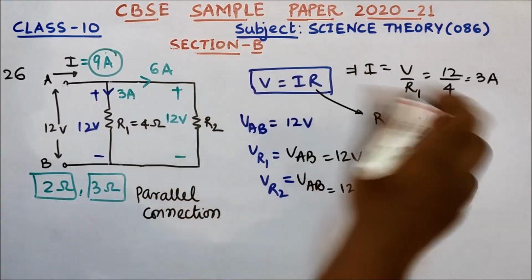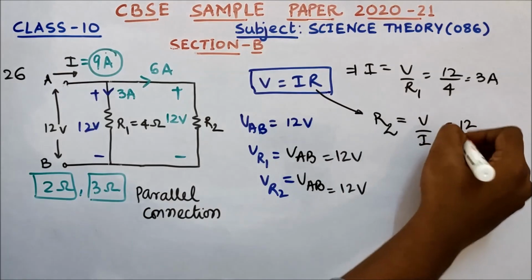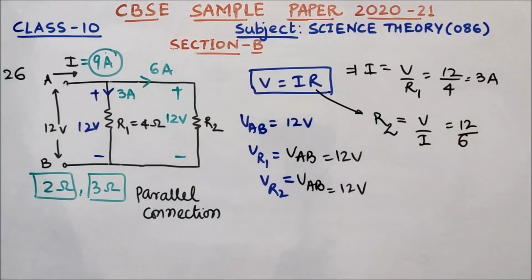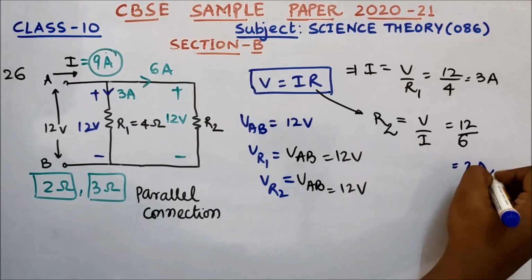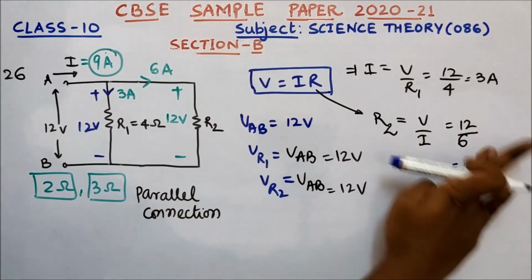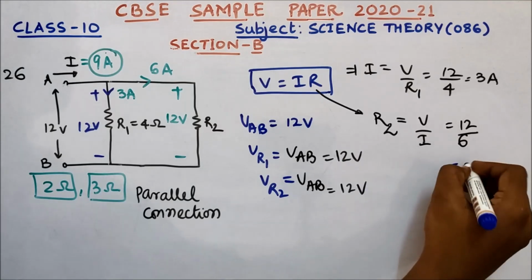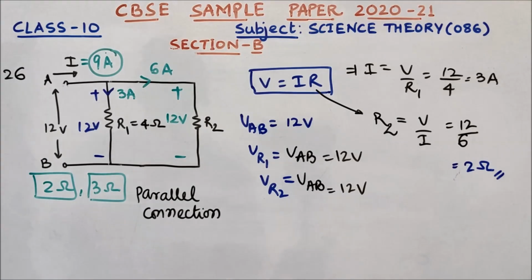The potential difference is 12 volts, the current is 6 amperes. So what is the resistance? The resistance has to be 2 ohms. Clear? So that's your question number 26.